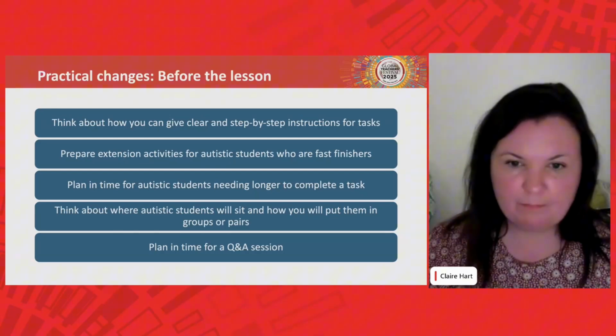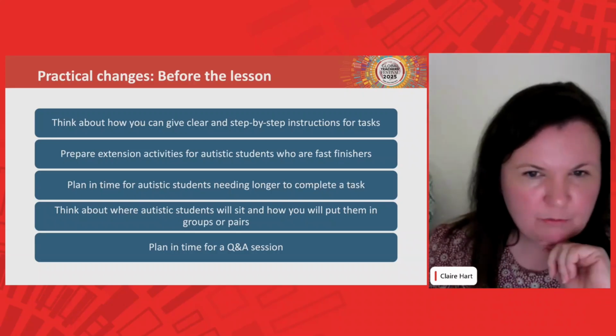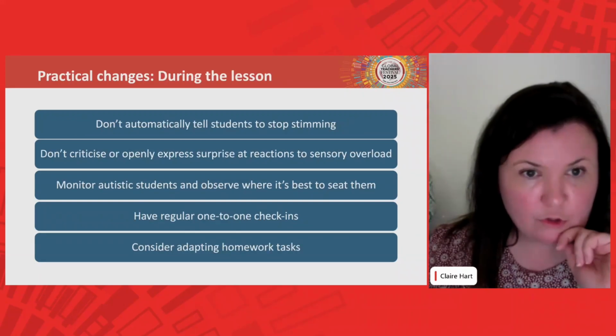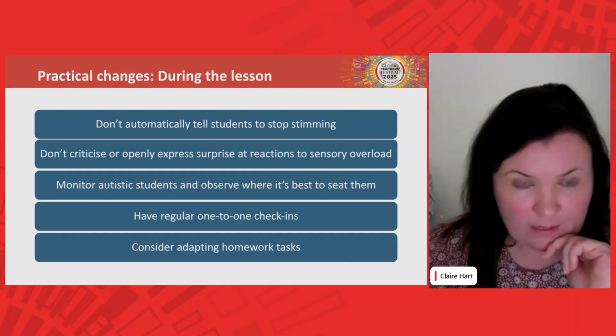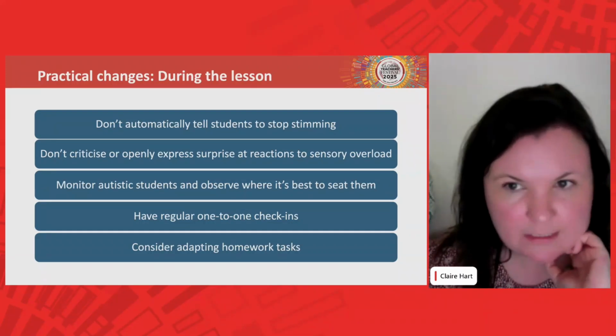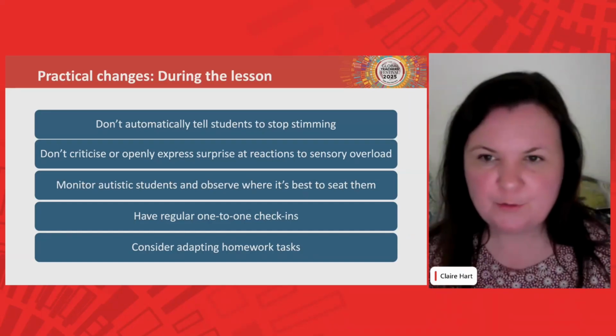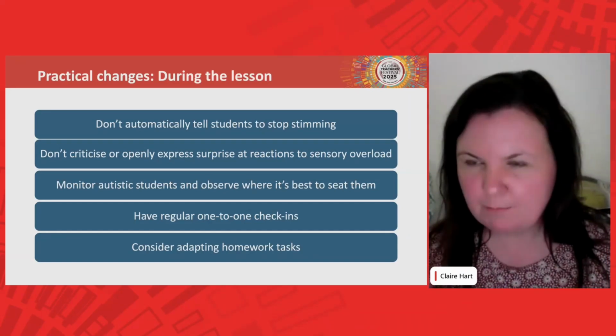Okay. So then moving on to changes you can make during the lesson, and the topic of stimming, which we haven't really discussed yet. Have you heard of what stimming is before?